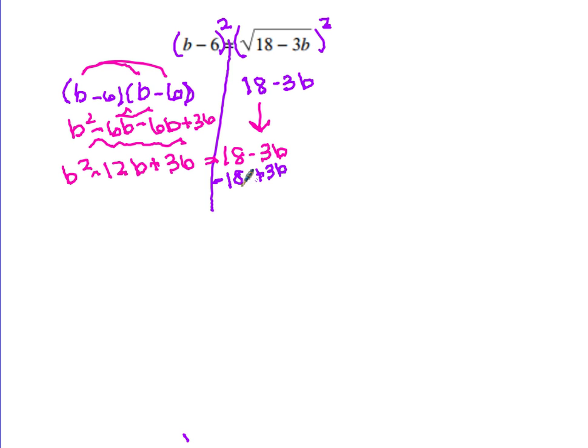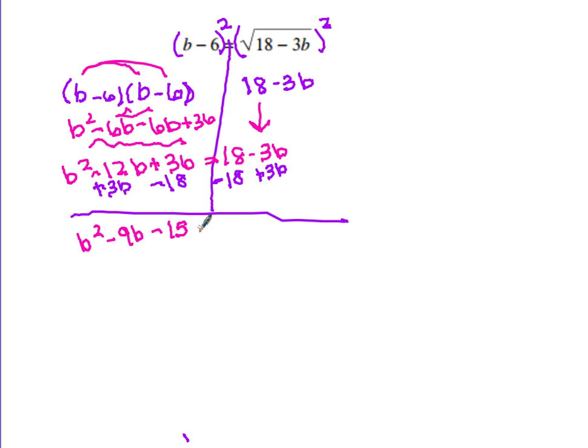If I was going to add 3b, I would add it to the b term. If I was going to minus 18, I would subtract it from the plain number. So when I do that, I get b squared minus 9b minus 15 equals 0.